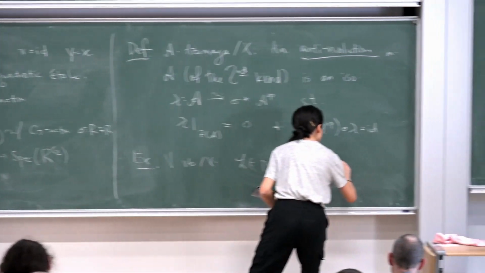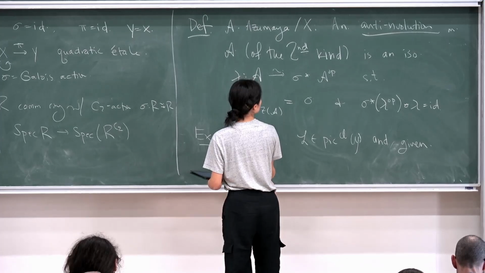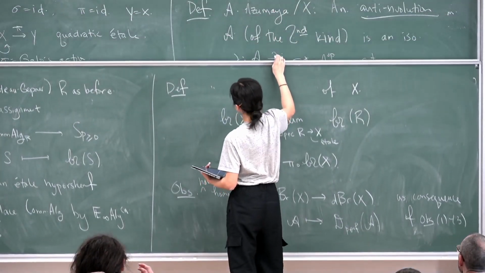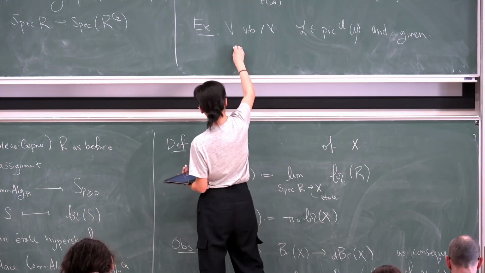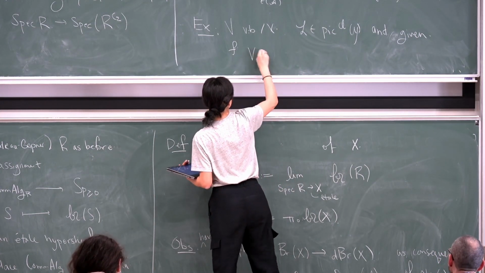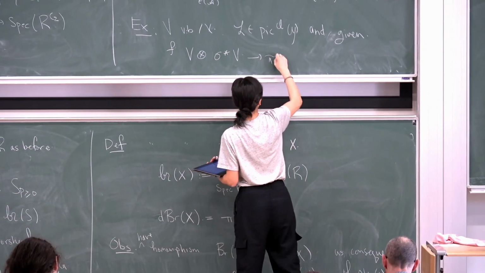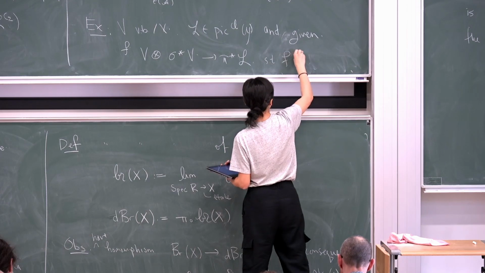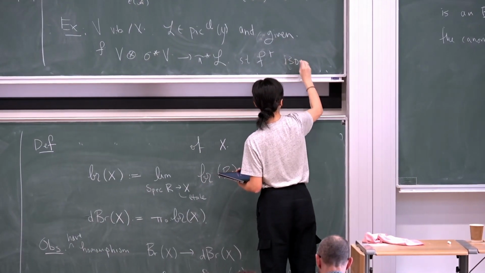Given F from V tensor twist of V to the pullback of my line bundle, F is non-degenerate, or in other words, if I take the adjoint, this is an isomorphism.